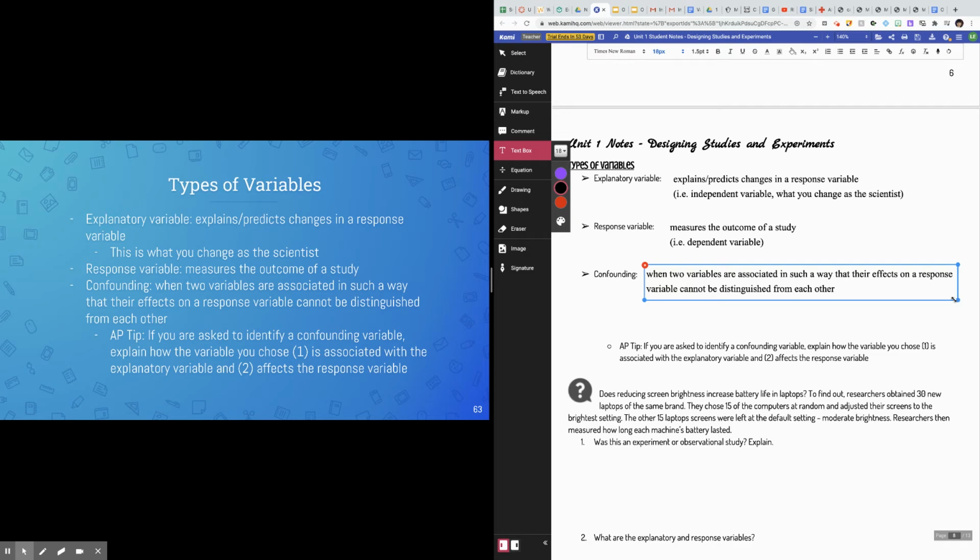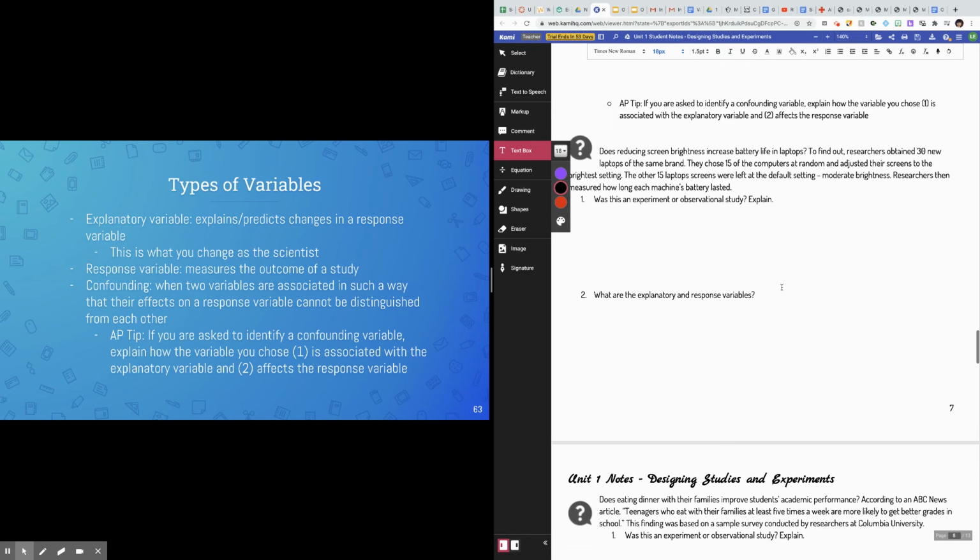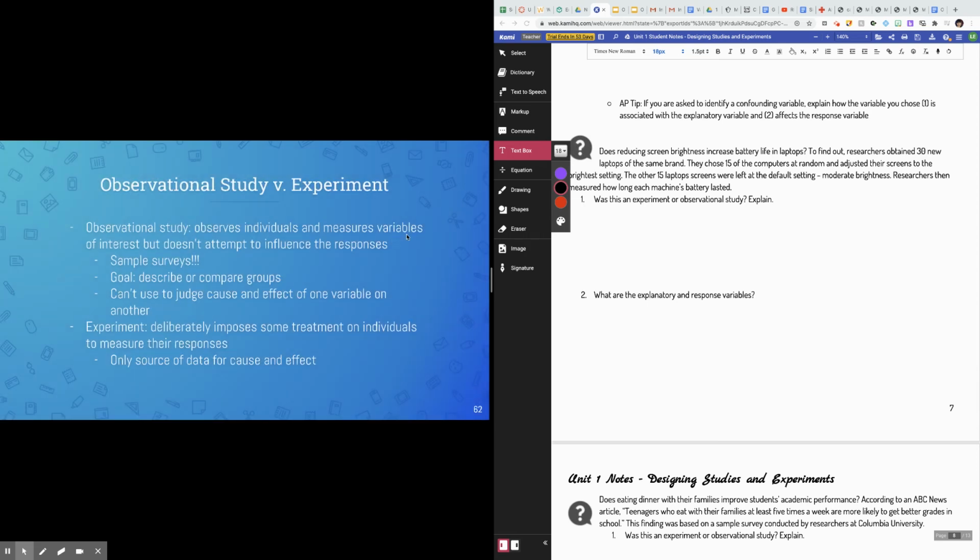So you wouldn't be able to tell if the growth in the plant was due to the different temperatures that the plants were being kept at, or if it was due to the different types of fertilizer that you used. Okay. All right. So let's look at an example here.